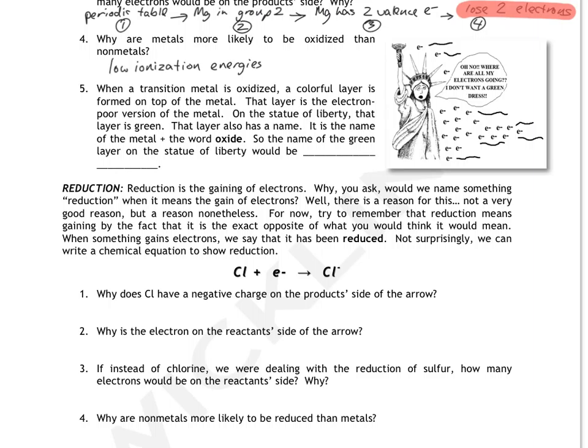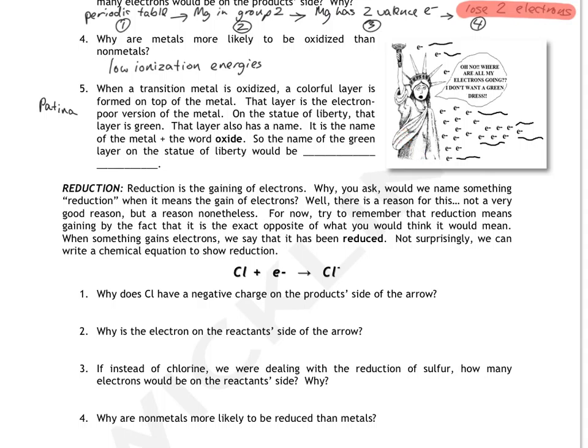So that's sort of the basic story of metals being oxidized, but there is something I'd like to add, which is that if you have a transition metal that's being oxidized, oftentimes you'll get this really colorful layer on the outside of that oxidized metal, and we call that layer a patina. Patinas do have scientific names, and one of the most famous ones that we can all think about is the patina on the Statue of Liberty.